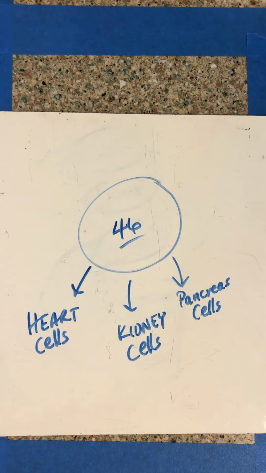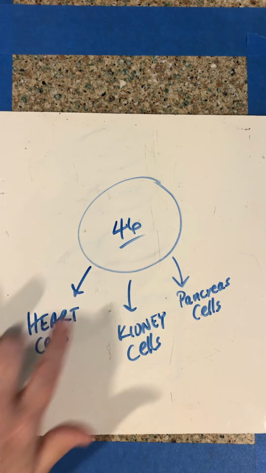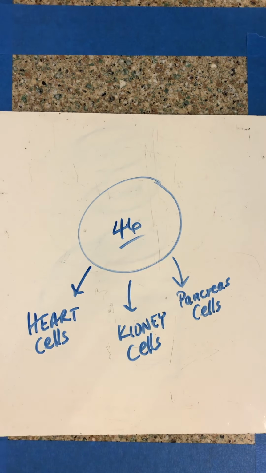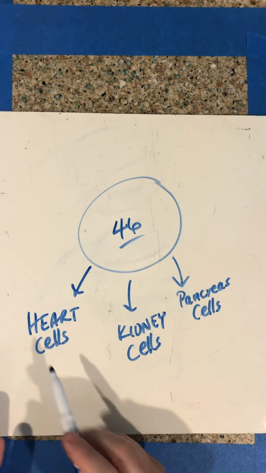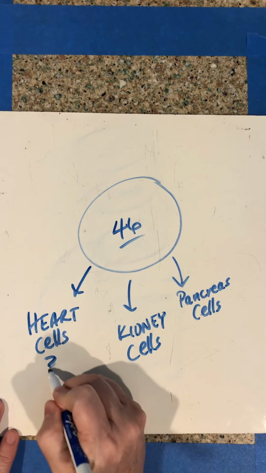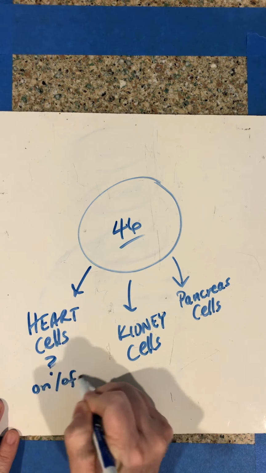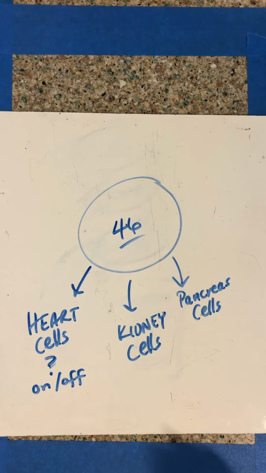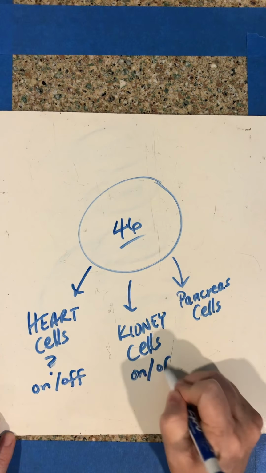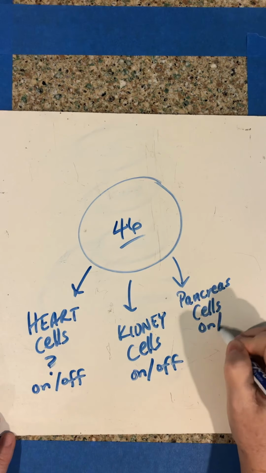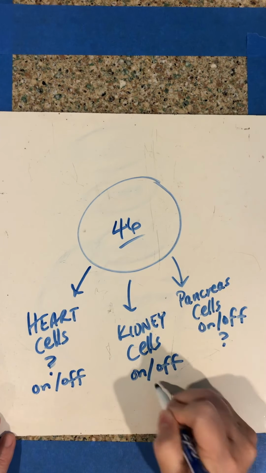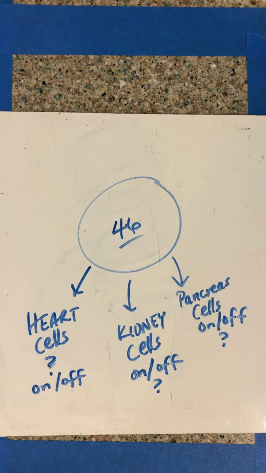But they all are made of cells from you that have all the exact same directions. So they have to figure out which genes do we turn on and which genes do we turn off. Kidney on and off, and pancreas on and off. And if they do it wrong, then you have issues. But 99.9% of the time, all these cells are doing the right thing, and they have the right ones on and the right ones off.